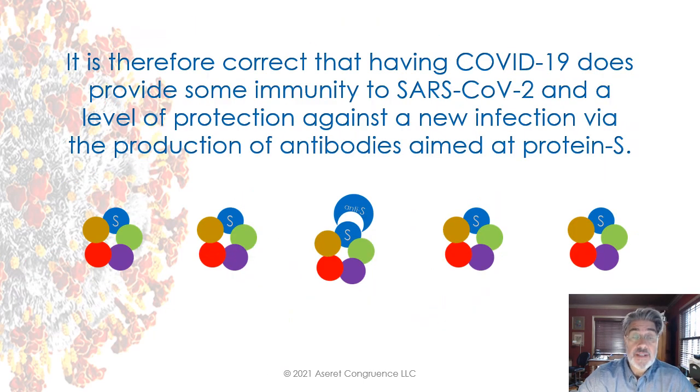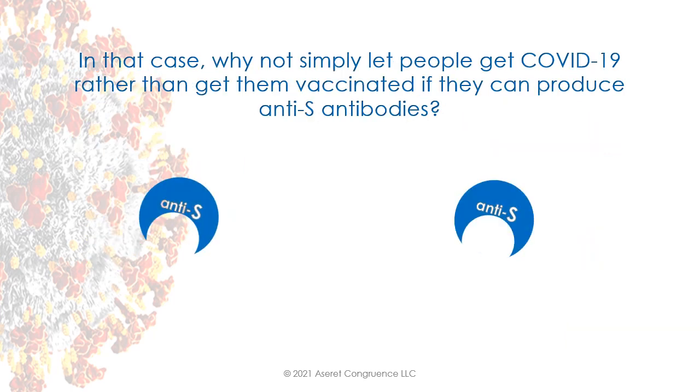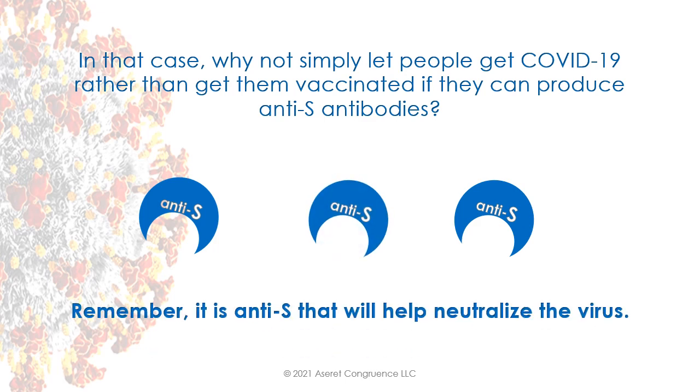So it is fair to say that getting COVID-19 will generate some level of protection against the virus for future infections. It is. So if we do produce anti-S antibodies by being exposed to COVID-19 or SARS-CoV-2, why are we suggesting that vaccination ahead of time in anticipation of potentially being infected may be a better choice?